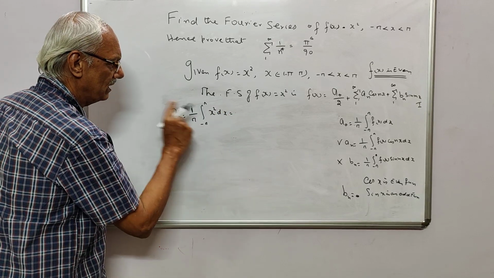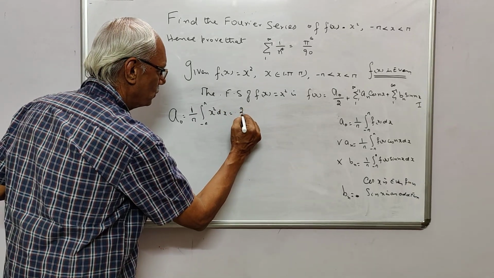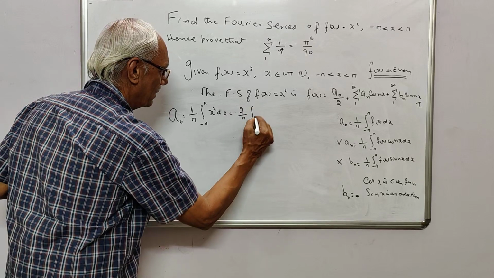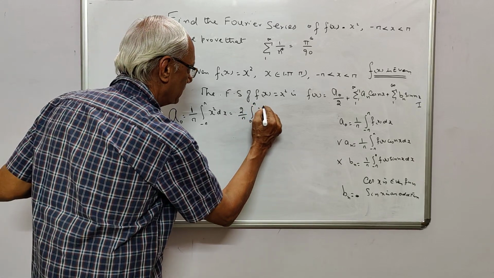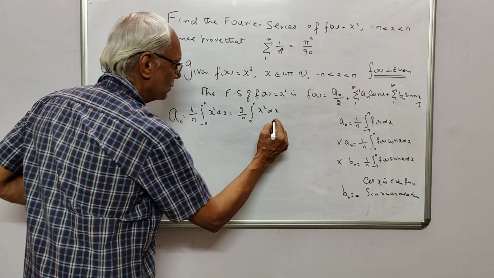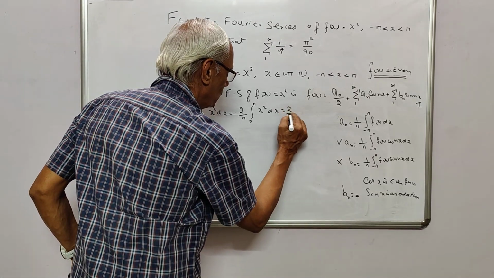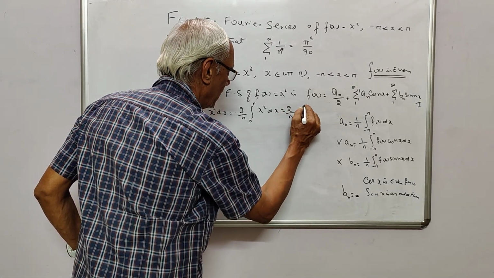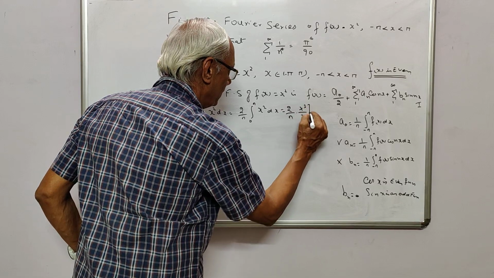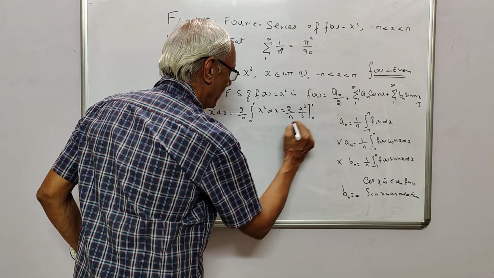As I told you, this is an even function. Therefore, 2 divided by pi, 0 to pi, x squared dx. So this will be equal to 2 divided by pi, x cubed by 3, from 0 to pi.